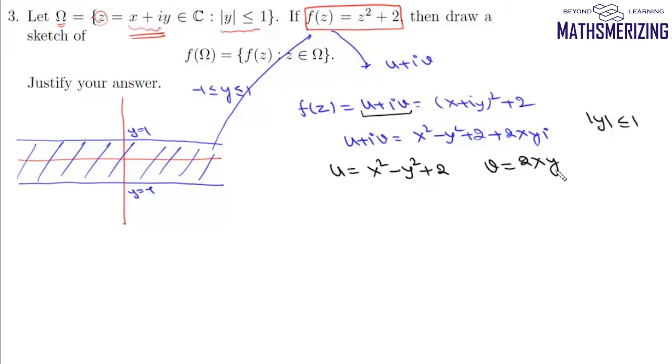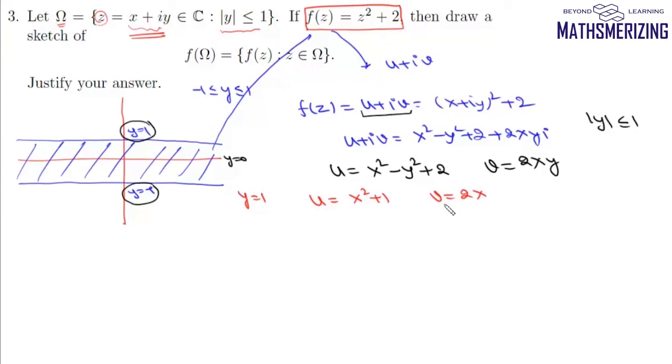Now we'll begin with the boundary cases, which are when the value of y is 1, when the value of y is minus 1, and also when the value of y is 0. When y is 1, u will be x square plus 1, and v will be 2x.